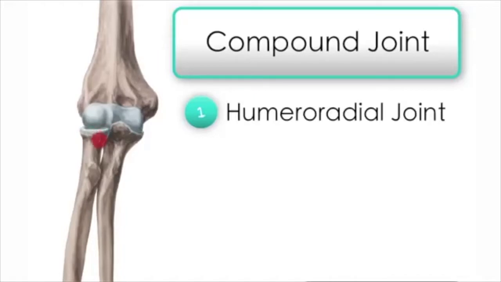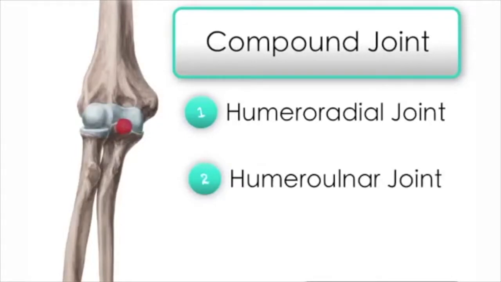So this is the humeroradial joint. Now the other one is, of course, the humero-ulnar joint. And this also happens, as the name indicates, with the trochlea of the humerus, the structure right here that I'm showing to you, and then, of course, the trochlear notch of the ulna.